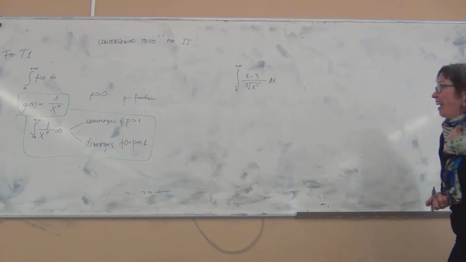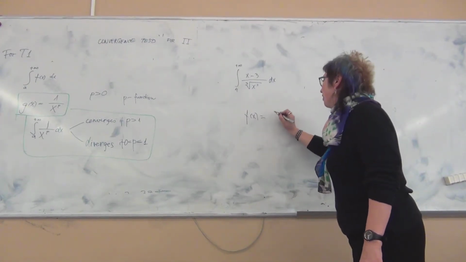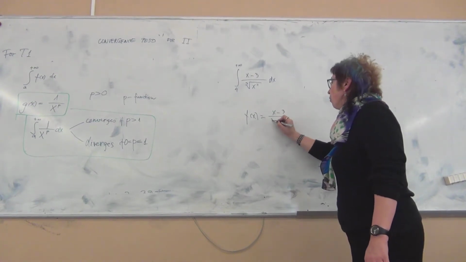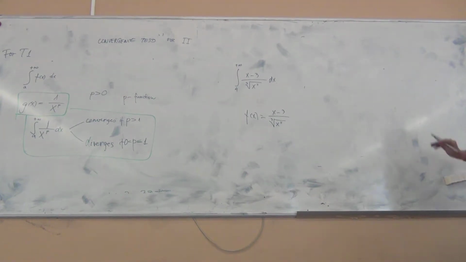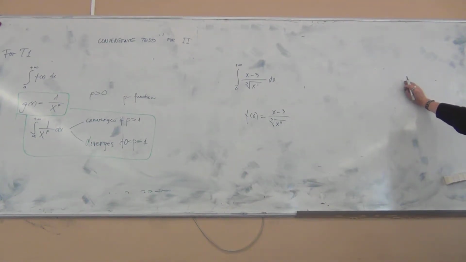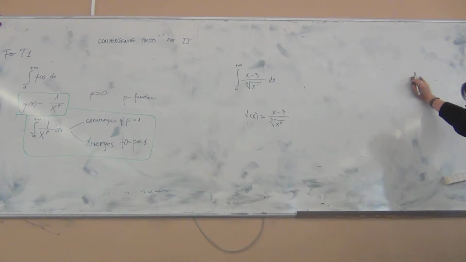All right. So actually, the f function in this case is the given function, of course, as always. This function is the f function. And now, if I can find a g function which is greater than this, such that it is a p function and converges, then I'm completely happy.